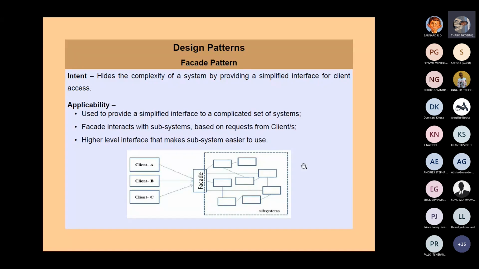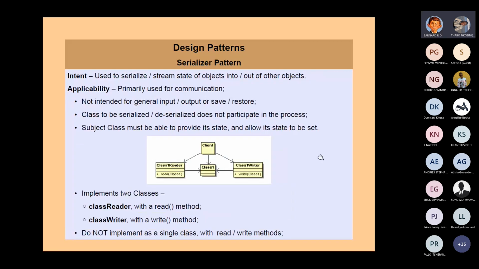So it's quite a useful pattern, but it's very rare that I've seen this come up in the exams or assignments. So just read up about it, have an idea of what it does, but you don't need to know huge detail about it. And then serializer, I'm not going to go through again because we've covered that before.